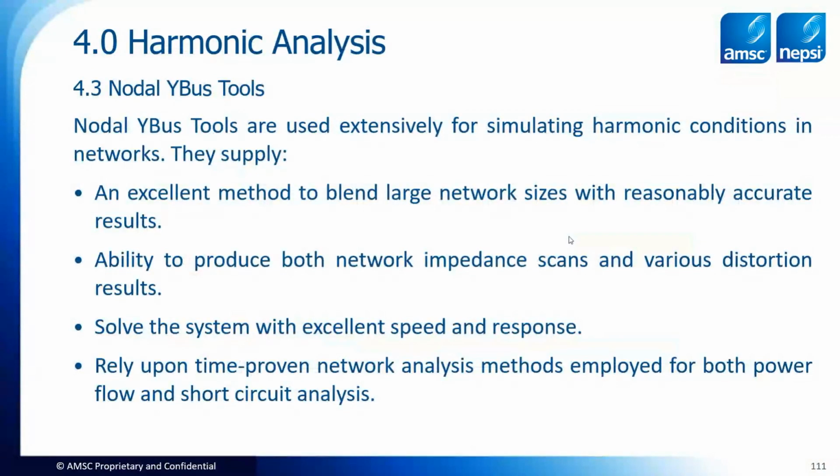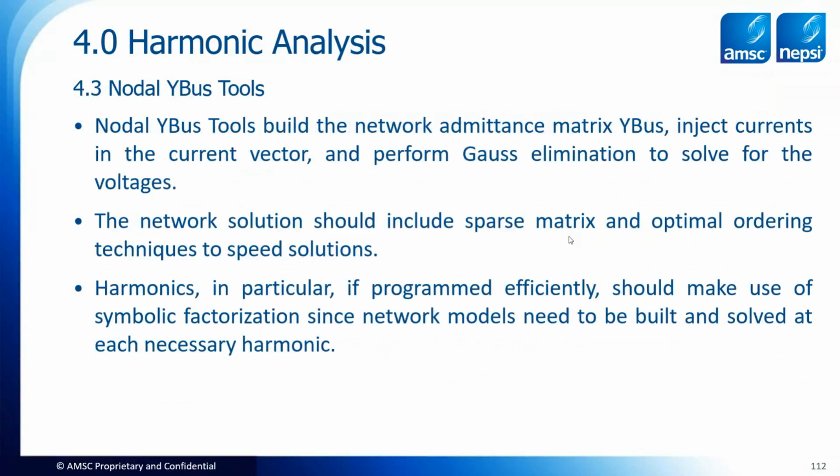As I've noted, these are extensively used for harmonic simulations. They supply an excellent method to blend large network sizes with reasonably accurate results, the ability to produce both network impedance scans we're going to talk about and various distortion results. They have great speed, and they rely upon time-proven methods. Let's skip some of these slides because I've already covered them.